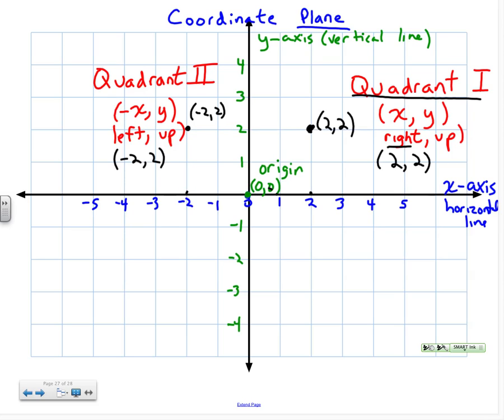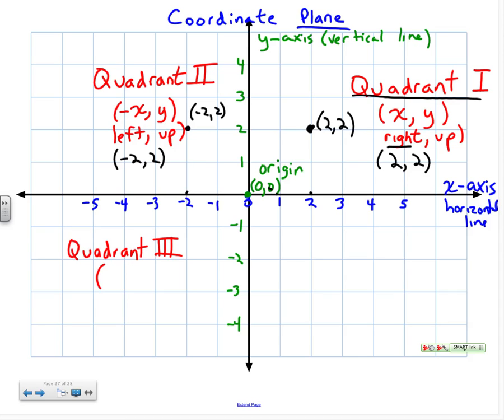I'm going to plot a point in quadrant 3. So right below quadrant 2 is quadrant 3. And if you notice on our coordinate plane, we're going to go over to the left and down to get to this part of our coordinate plane into quadrant 3.